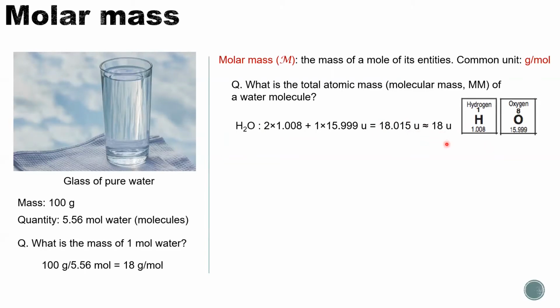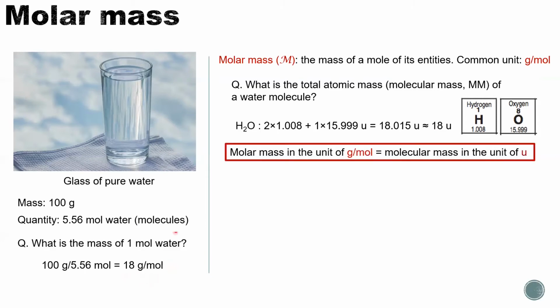Did you notice that the value 18 equals the value of the molar mass of water? So actually, the molar mass in the unit of gram per mole, pay attention to the unit, equals the molecular mass in the unit of u.